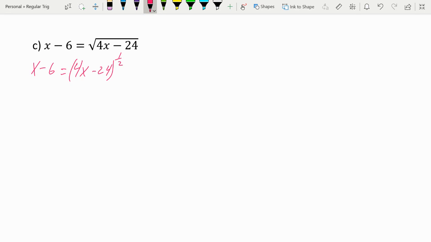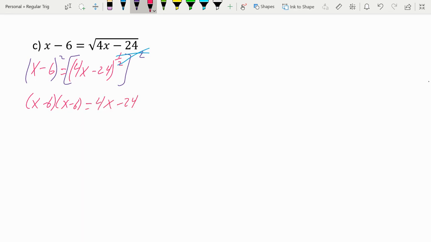Okay, so remember it's to the 1/2 power. And then what do I do? I raise both sides to the second power because I want this to become 1. All right. So x minus 6 times x minus 6 is equal to 4x minus 24.